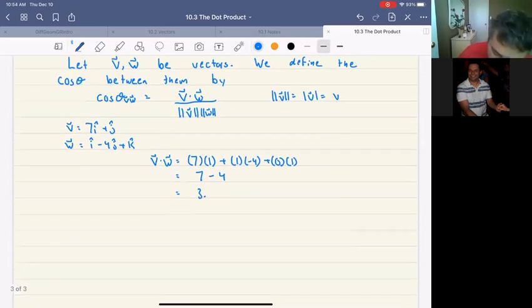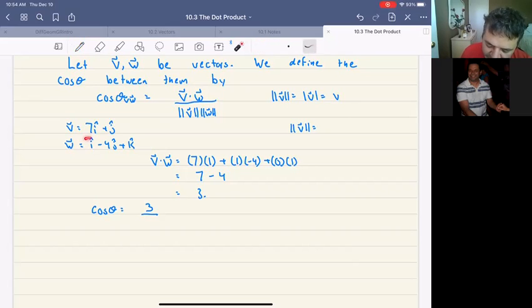Okay. The cosine of the angle between them is going to be 3 divided by, now the magnitude of V. Magnitude of V here is what? 49 plus 1 is 50, so the square root of 50.